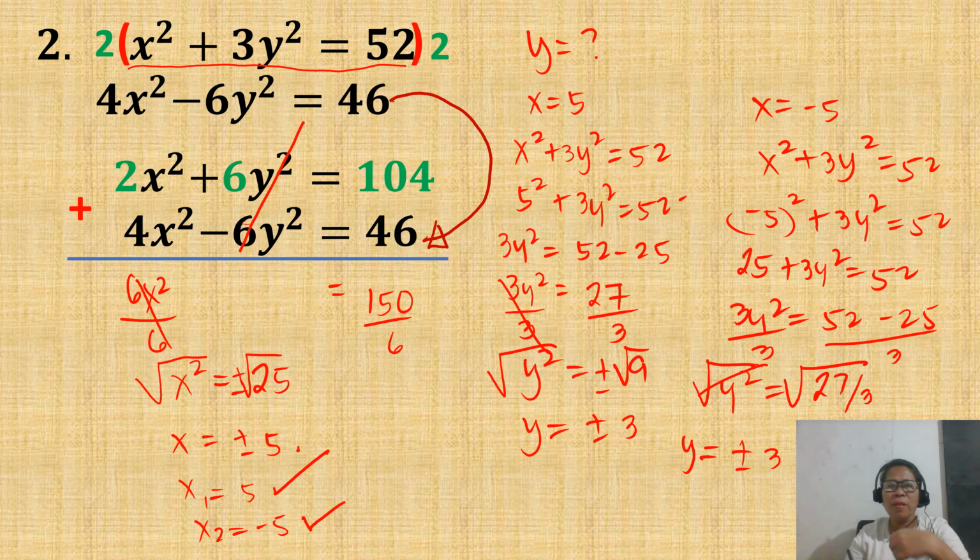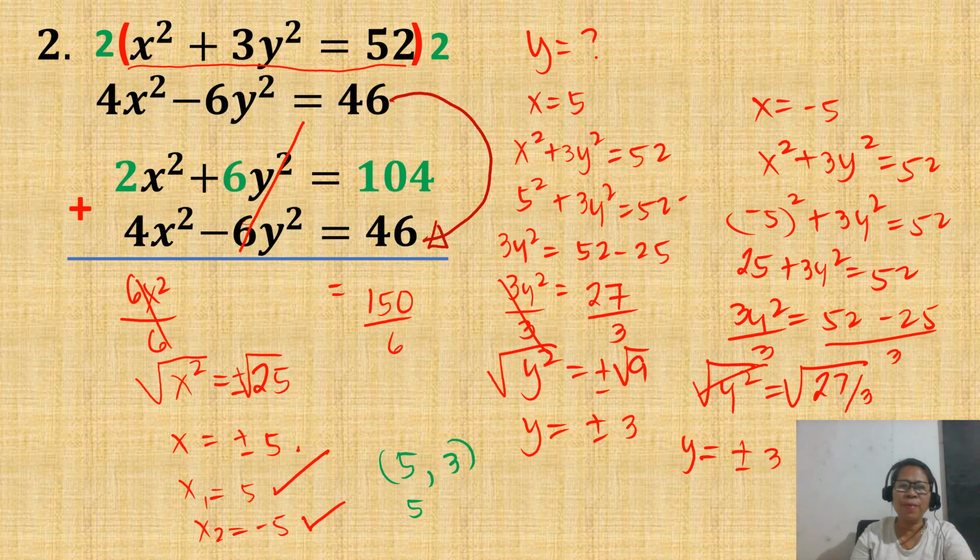So therefore, we now have the solutions to the system. If x is positive 5, we have the two values, positive 3 and negative 3.